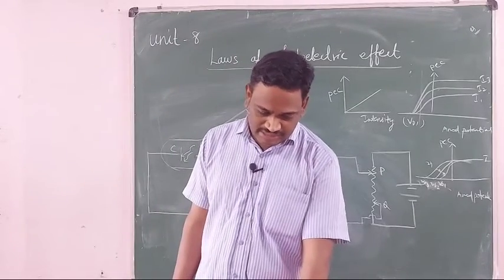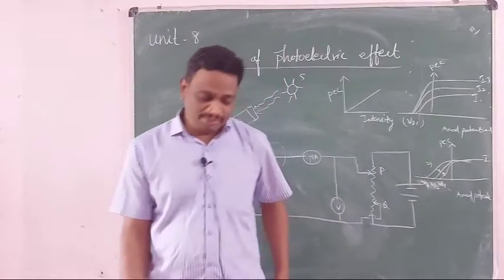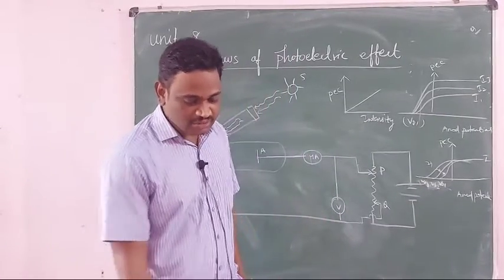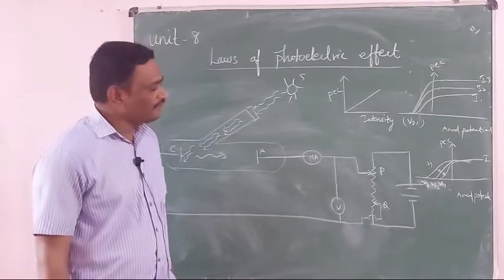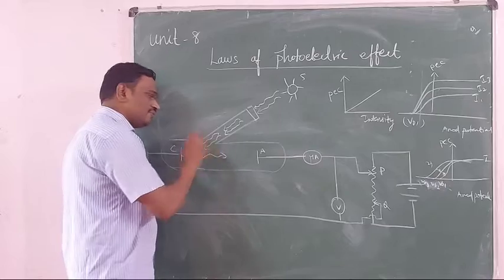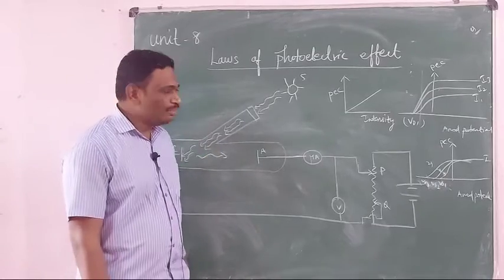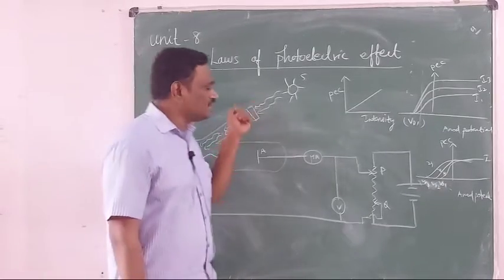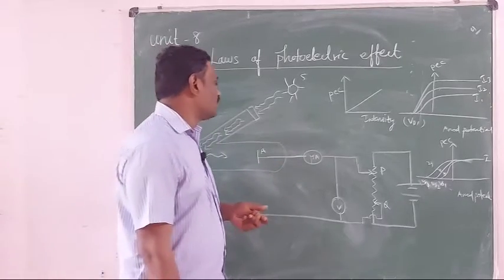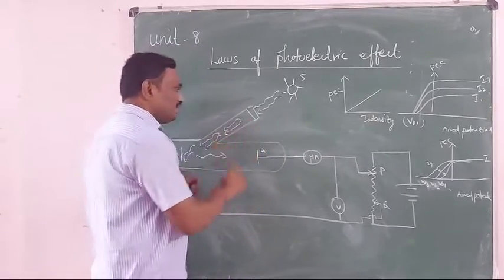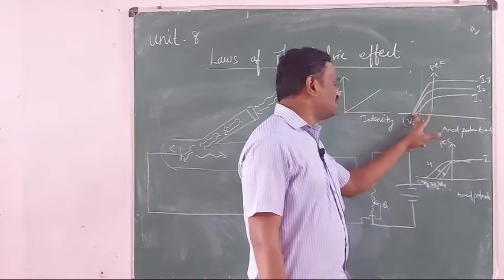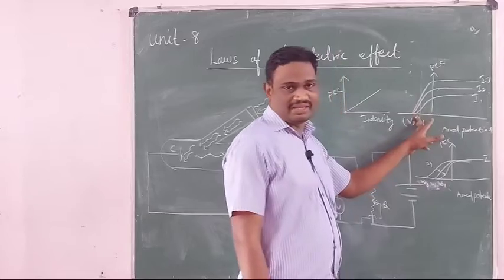The second statement is, the maximum kinetic energy of photoelectrons emitted from a given metal is directly proportional to the frequency of incident light. The maximum kinetic energy of photoelectrons depends only on the frequency of incident radiation and is independent of intensity. When you increase the intensity, the stopping potential for different intensities is the same.